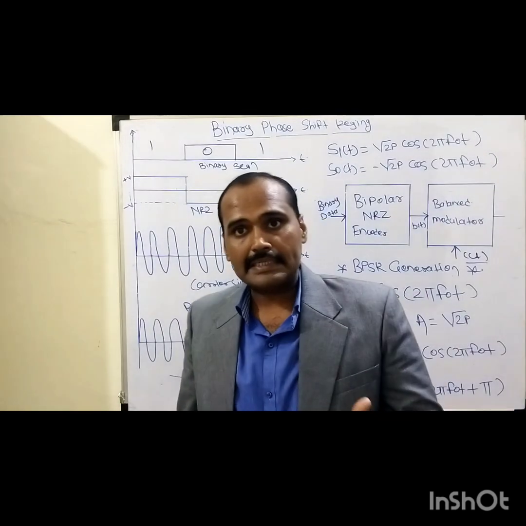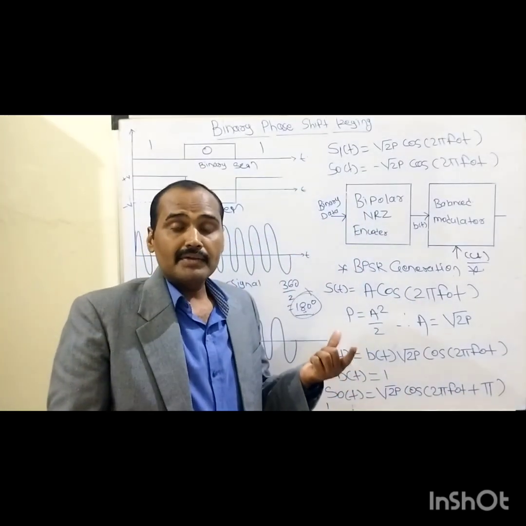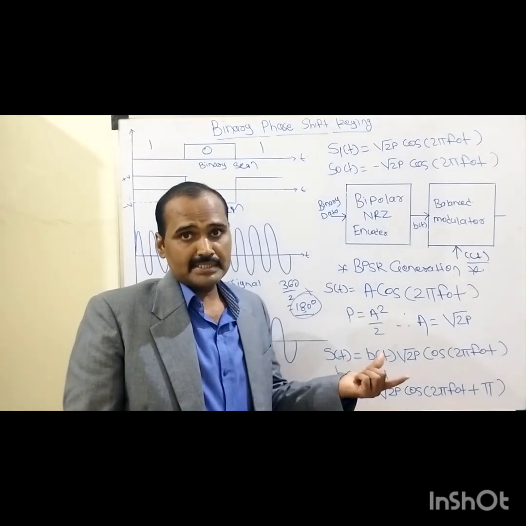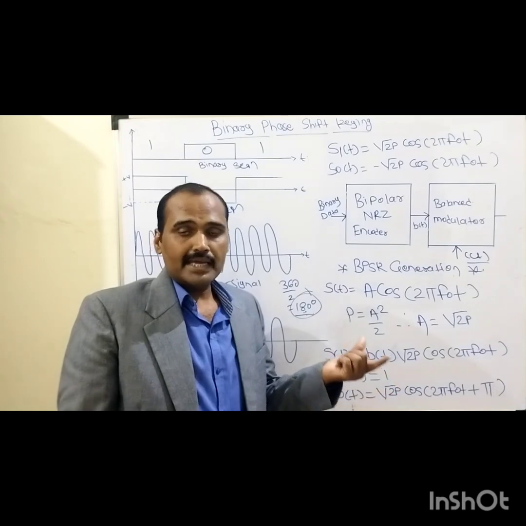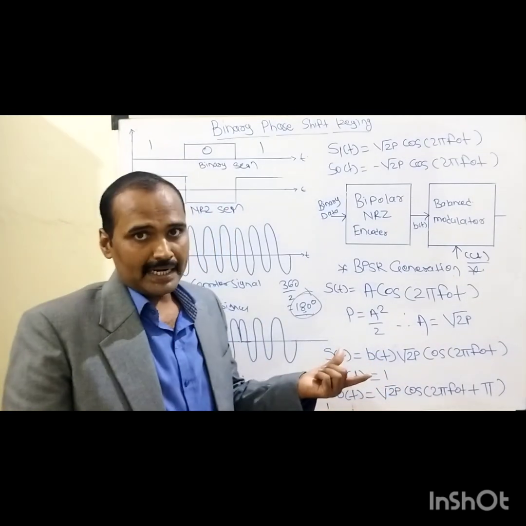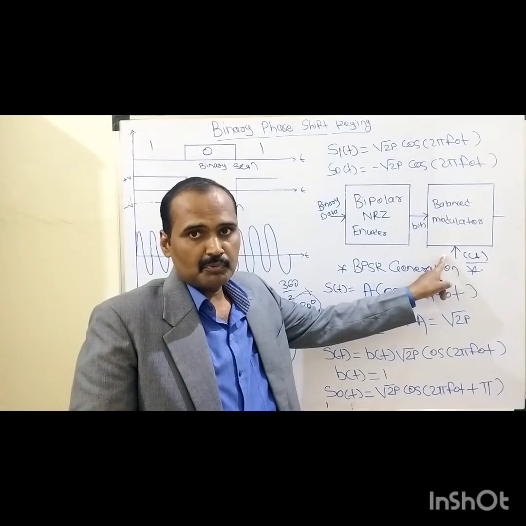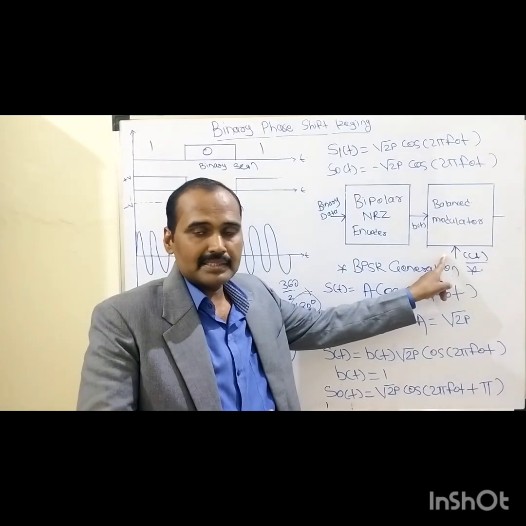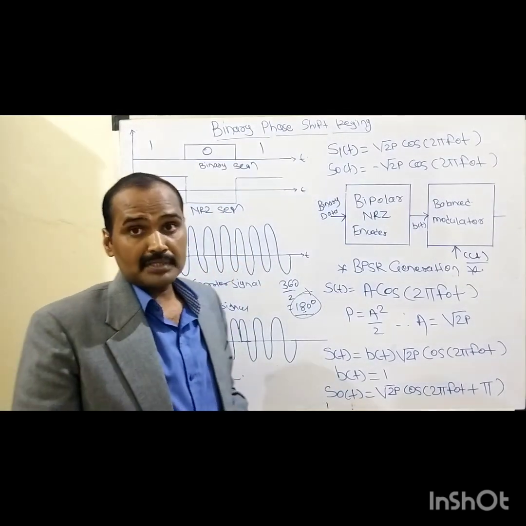Now, in order to understand the generation of this BPSK envelope, first of all, we need to understand how to represent these two symbols in the modulating signal, as we have binary 1 and binary 0. As far as the second input of this balanced modulator is concerned, it is the desired carrier signal, which is a sinusoidal signal.